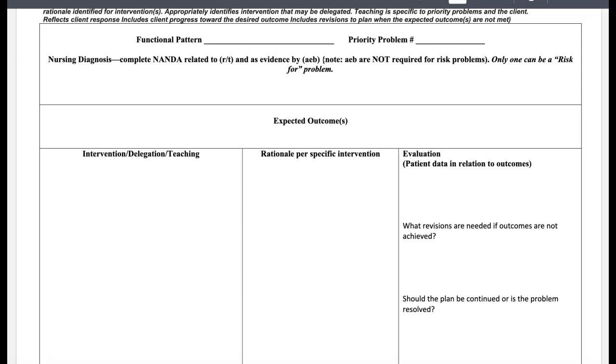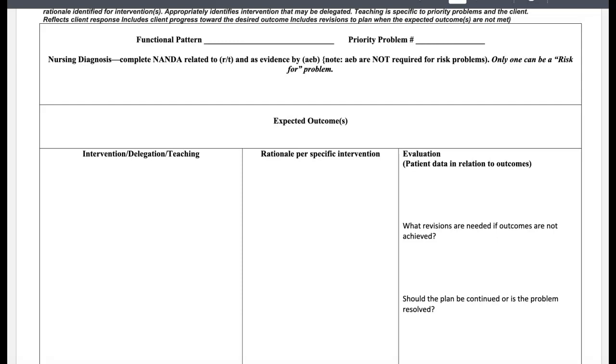With time bound, make sure you're picking an appropriate time frame for this intervention. That's one of the big areas that when I grade these I see a lot of students having troubles with. So again, SMART goals, and make sure that they're appropriate for that patient.